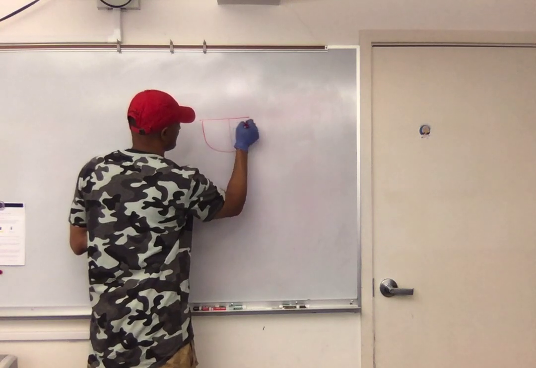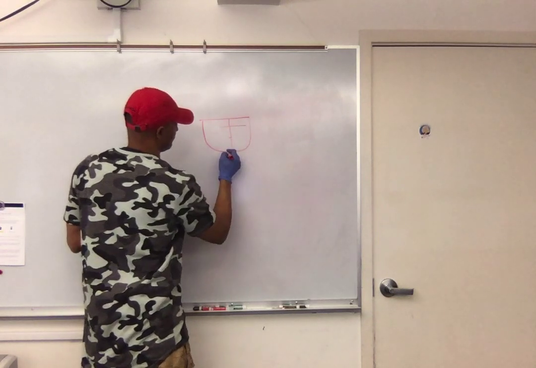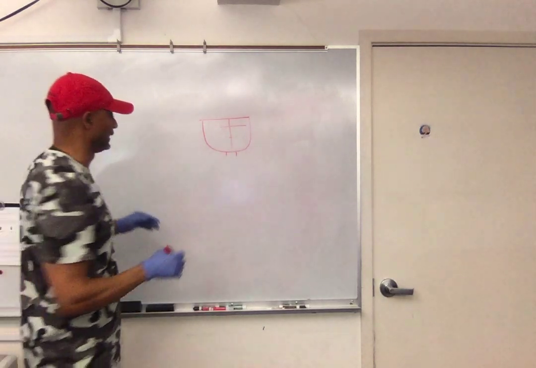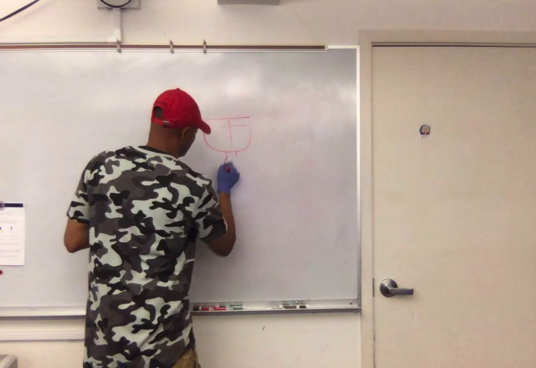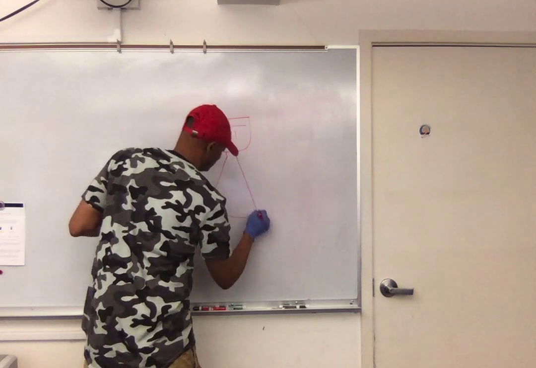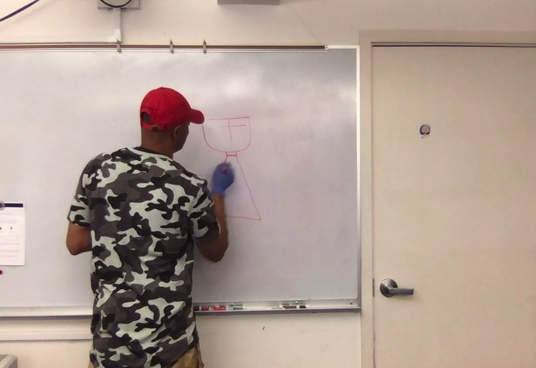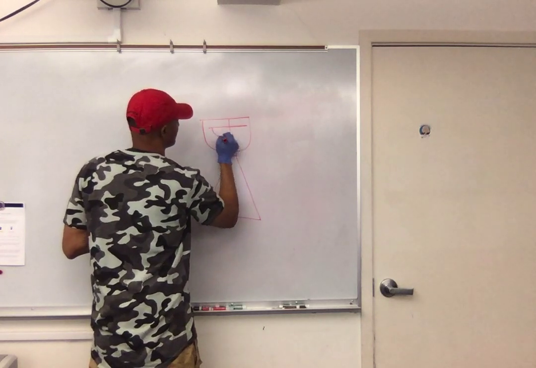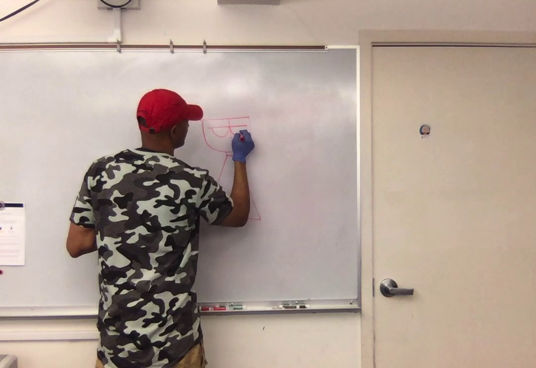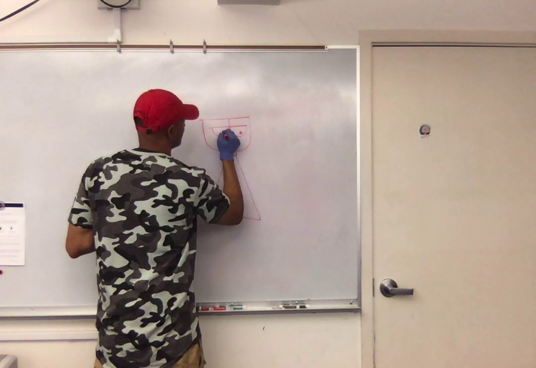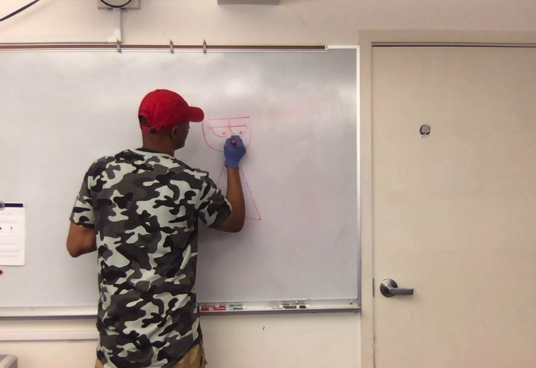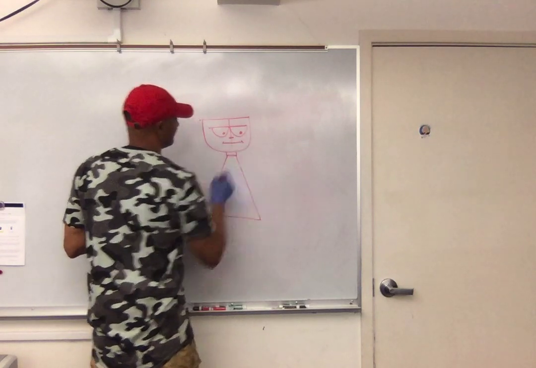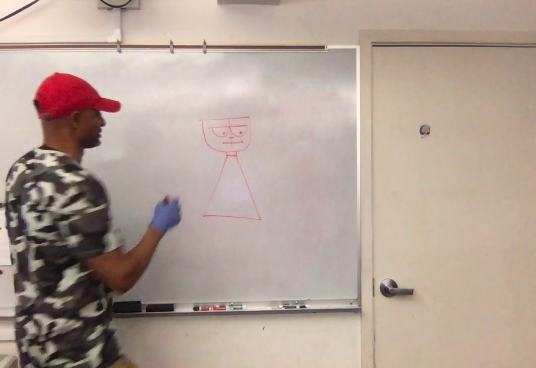Kind of divide those lines up. I'm going to give her a triangle body. Not the happy type of schoolgirl.